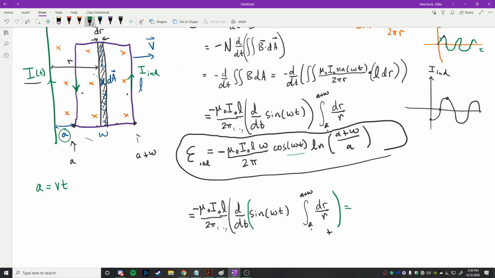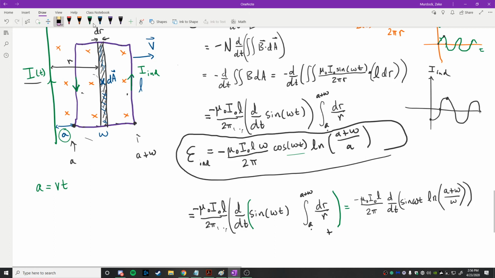So when you do the derivative, you just replace a with vt.